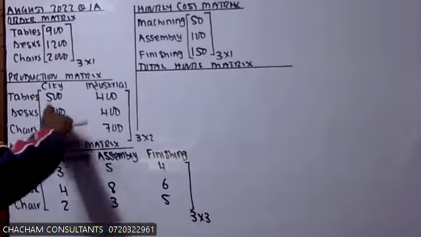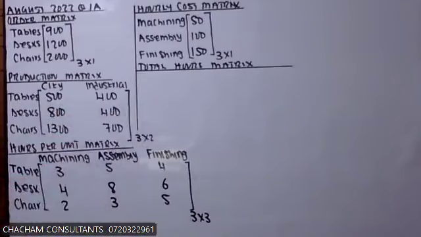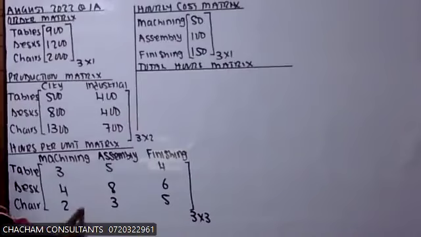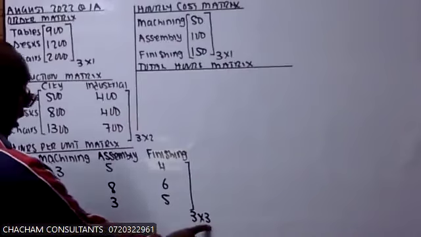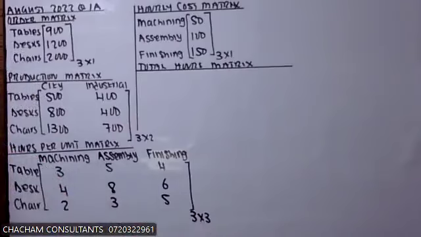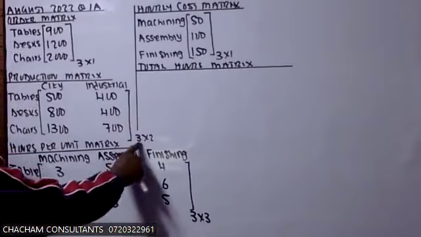So this cannot be the first matrix, but this can be the first matrix because you can see the columns here are equal to the rows here.